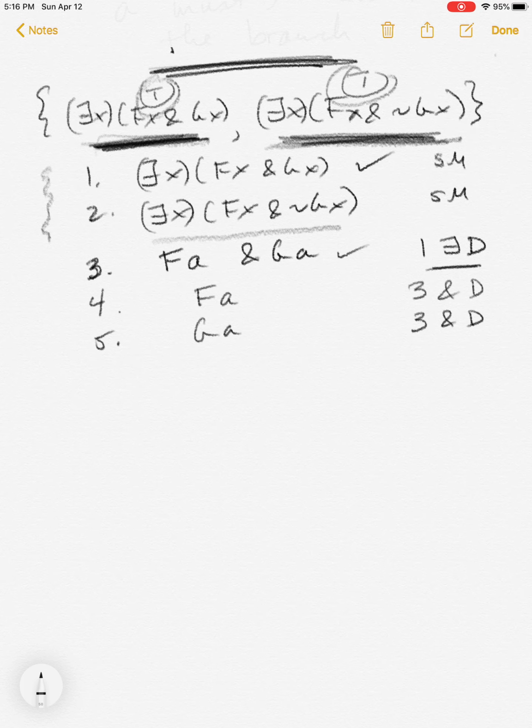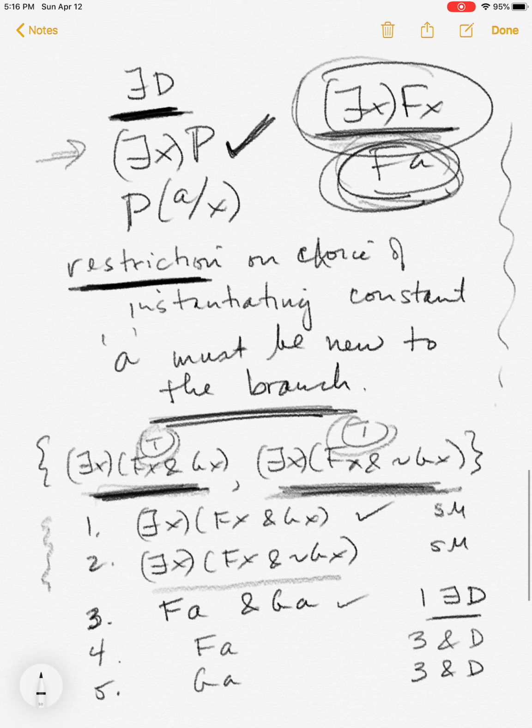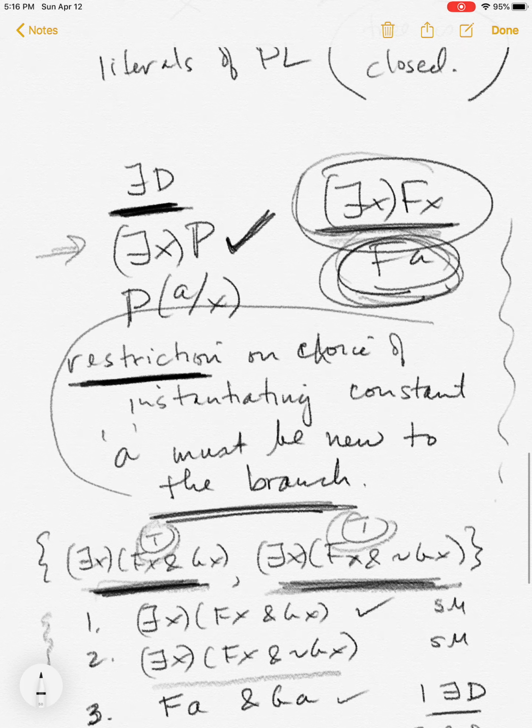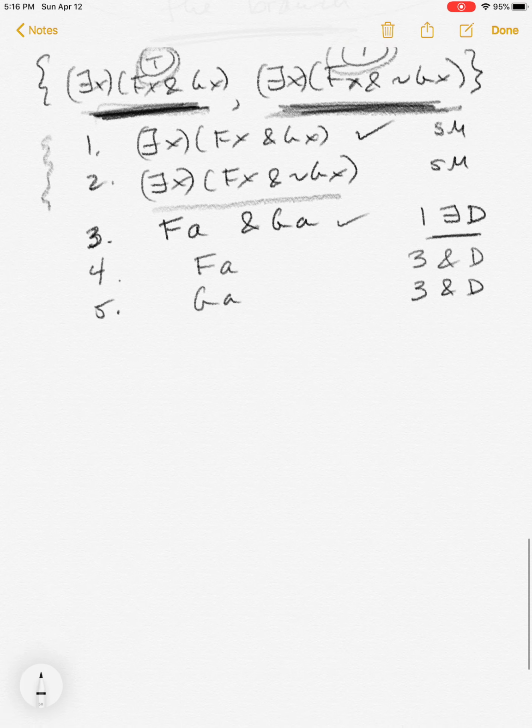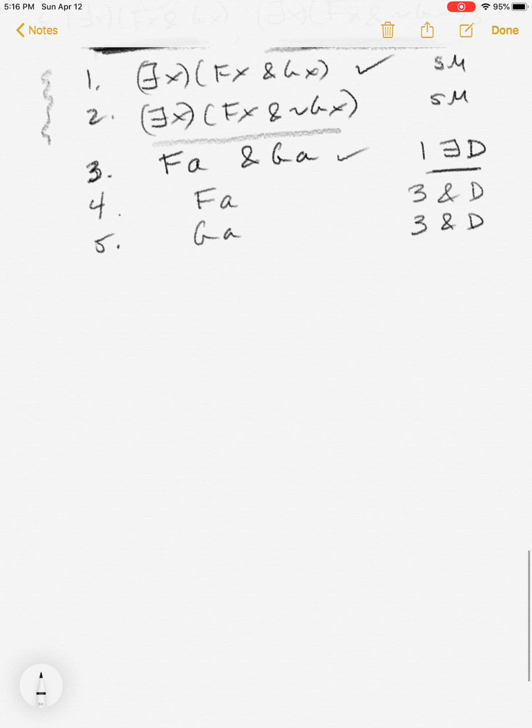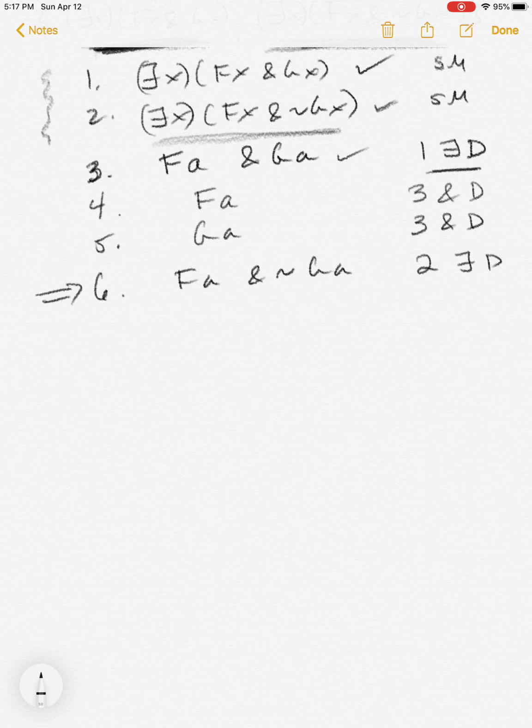Now, suppose that I totally ignore the restriction on my choice of instantiating constant when I apply existential decomposition. And so I say, okay, there's something that's F and not G. I'm going to call it A. And I get FA and not GA, and I get that from 2 by existential decomposition.